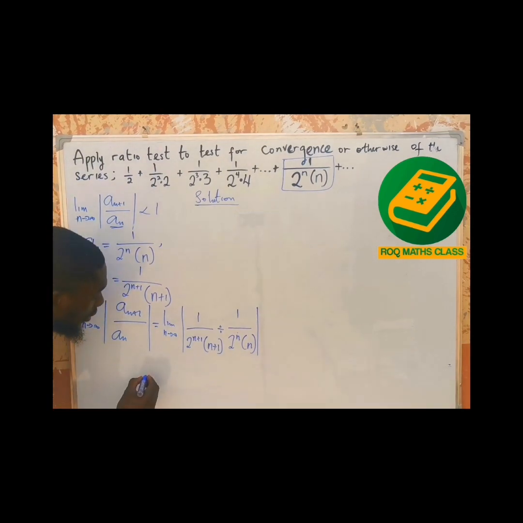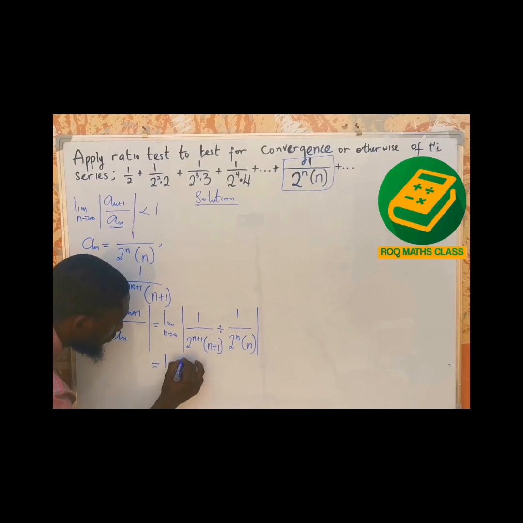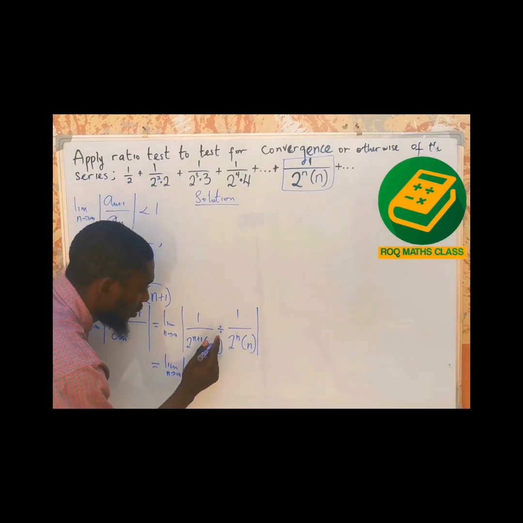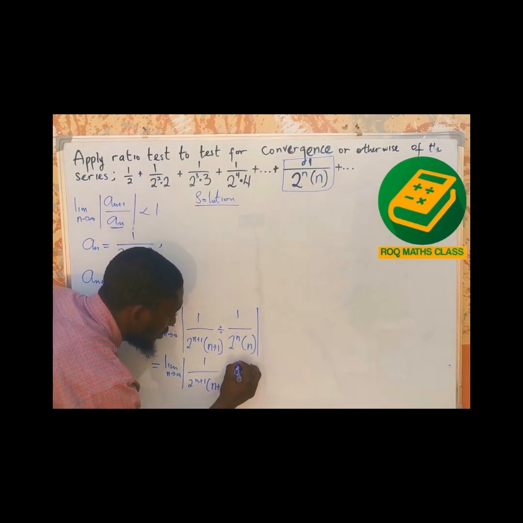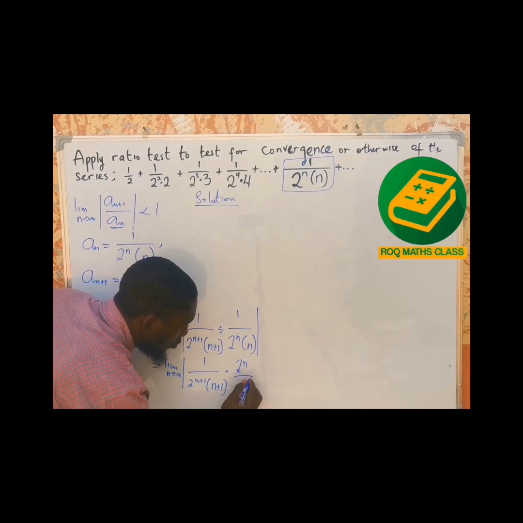Now, this can be solved as the limit as n approaches infinity, and we reciprocate and multiply: 2 to the n times n over 2 to the n plus 1 times n plus 1.